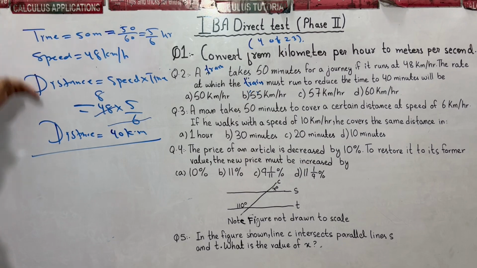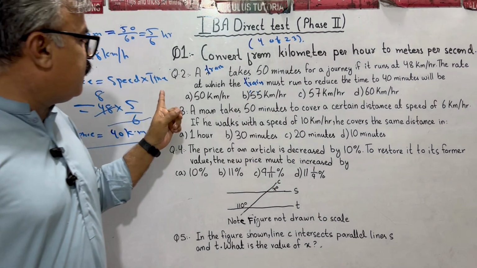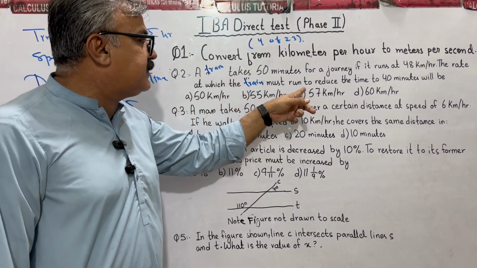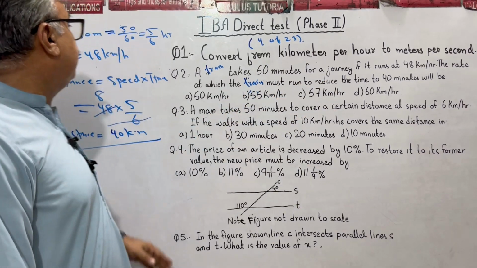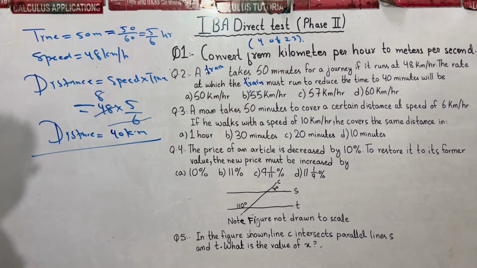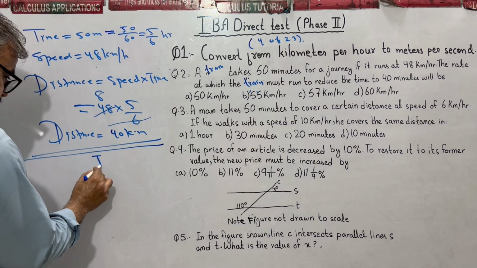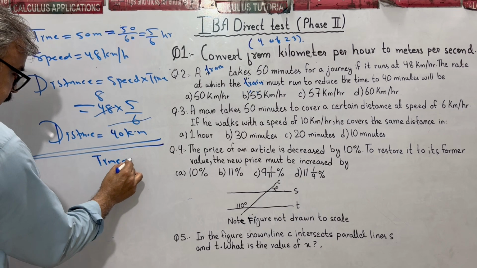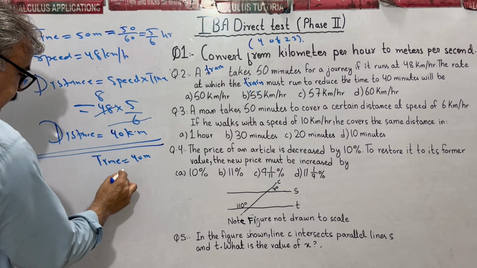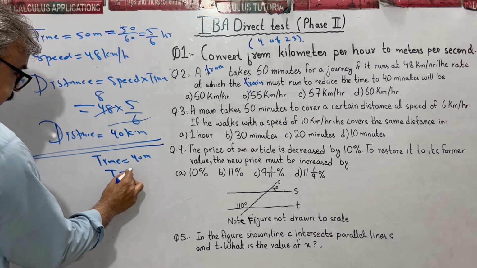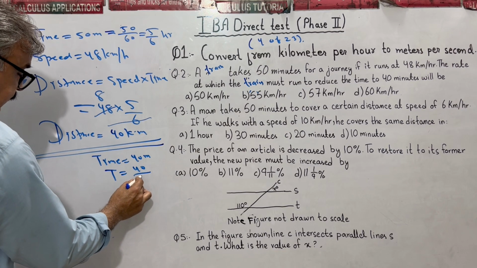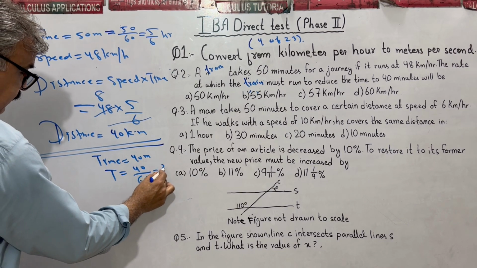Now, second part. Safely we have the distance. What do we have to find? We have to find the new rate at which the train must run to reduce the time from 50 minutes to 40 minutes. Now, our time must be 40 minutes. Converting time into hours, 40 divided by 60 becomes 2 over 3.